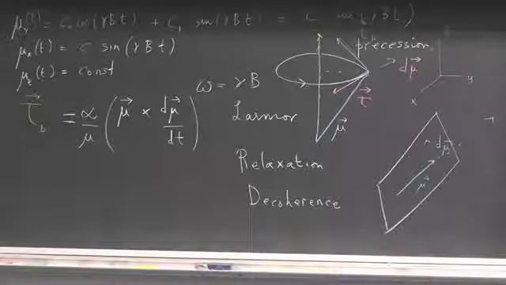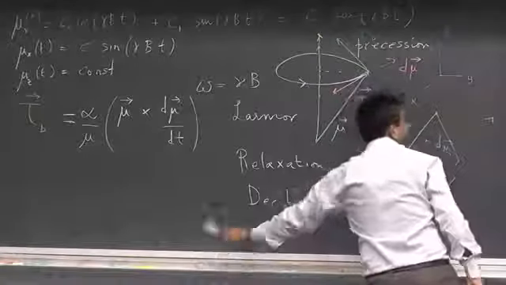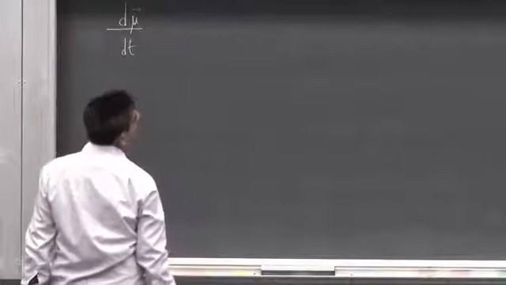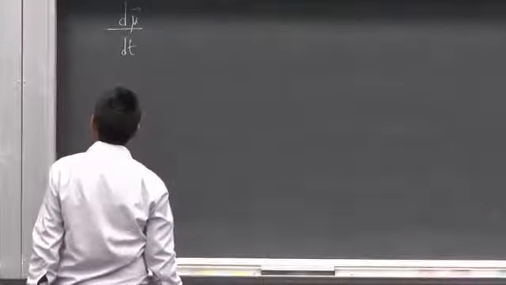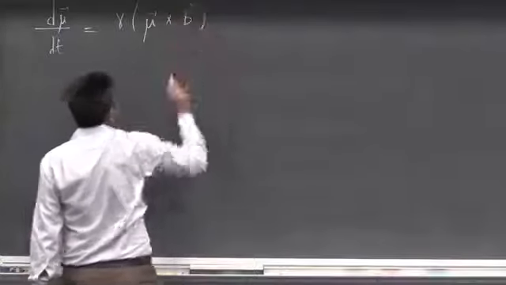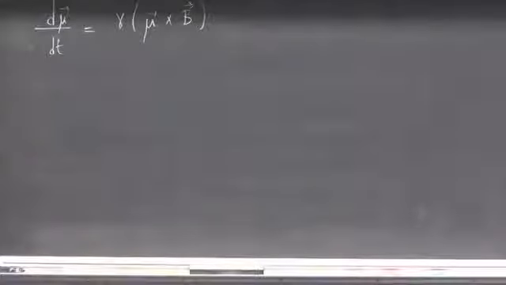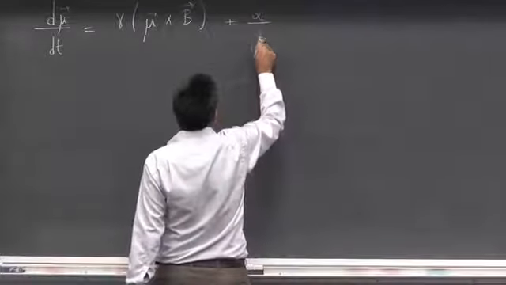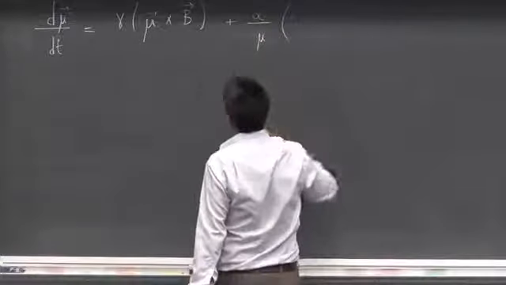The equation is modified in this fashion: d mu over dt is equal to gamma mu cross B. This is the coherent term from the Bloch equation, plus alpha over mu times the dissipative torque.